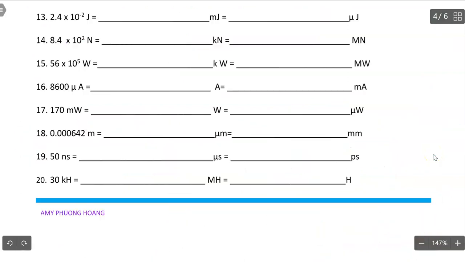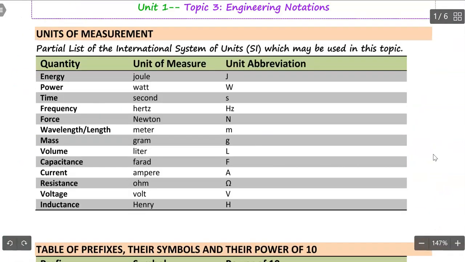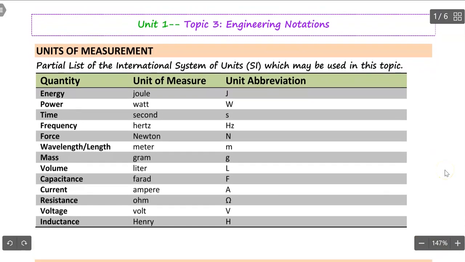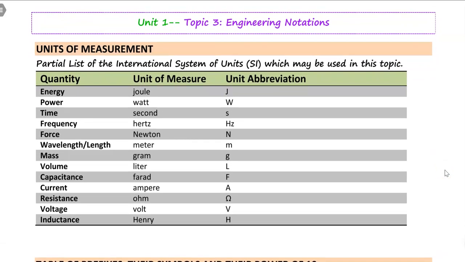All right, so that recaps the lesson. Like I said, engineering notation is very important. It's applied to all technology programs that you may go into, and in other programs as well. We need to know our units of measure and the standard unit in order to work with engineering notation, because all of these units will be part of it.